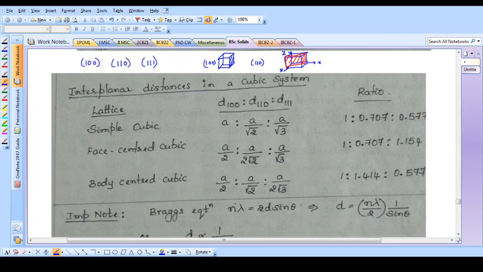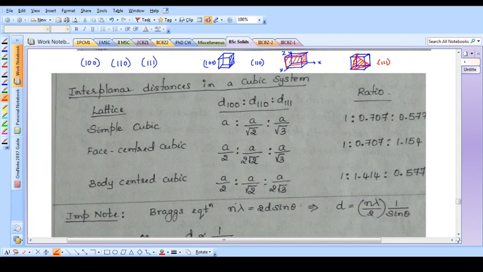What is the 111 plane? A 111 plane cuts the x-axis at a, the y-axis at b, and the z-axis at c. It cuts all three axes. How does it look? Something like this. This is a 111 plane.